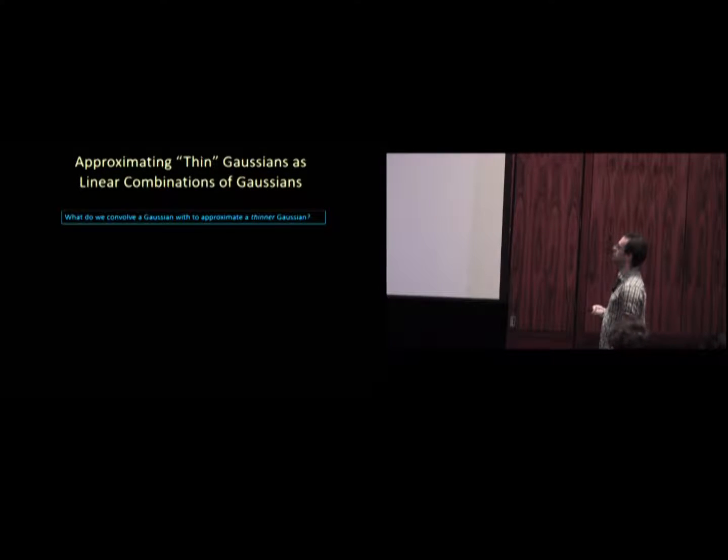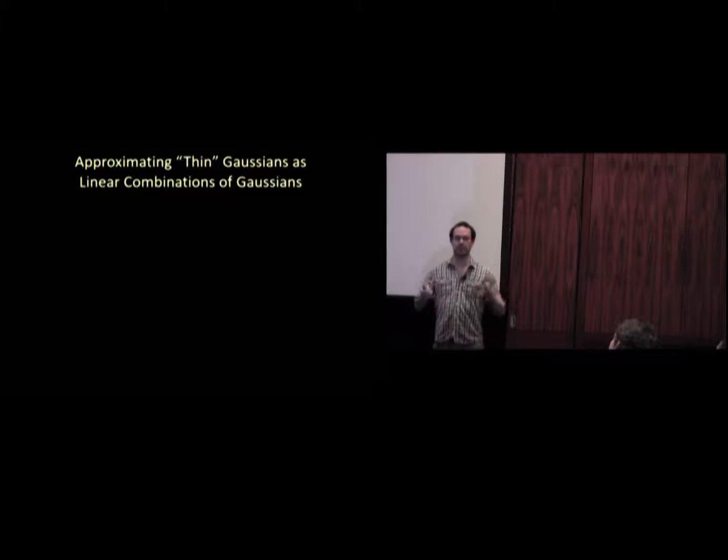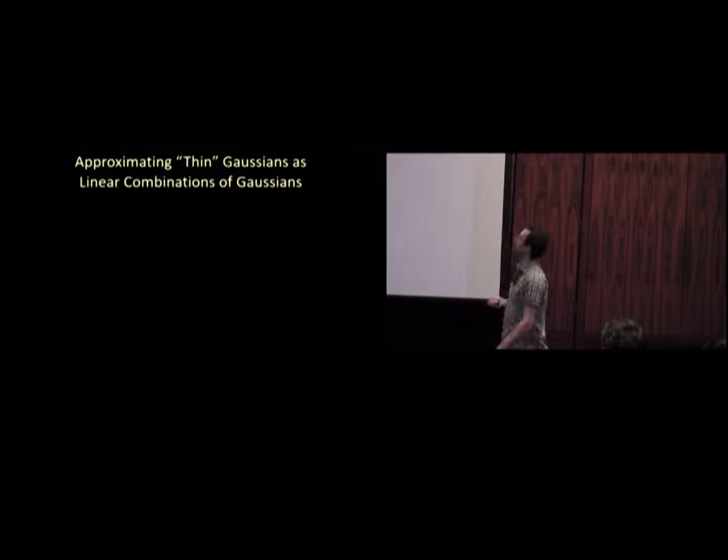Okay, I'm going to finish very soon. I just want to get across how you solve this problem for Gaussians, because it's kind of a neat trick and it feels like the kind of thing you would never be able to get away with using polynomials. So what's the answer for Gaussians?